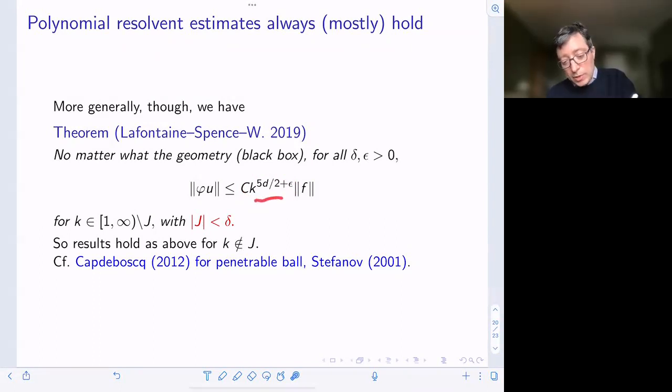You can always get polynomial growth, provided you excise a very small set of bad frequencies. And that set can be as small as you like. So throw out a set of measure as small as you like of bad frequencies. Off that set, you get this wonderful polynomial resolvent estimate. So actually, from the point of view of a practical numerical analyst, the polynomial resolvent estimate always holds. This was something of a surprise, at least to me.